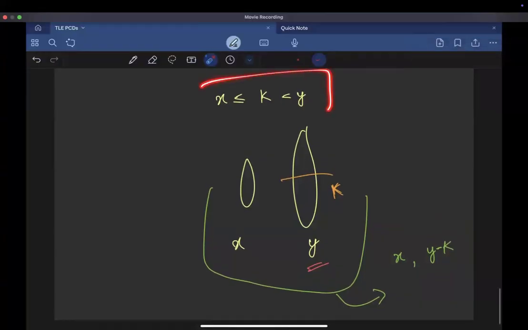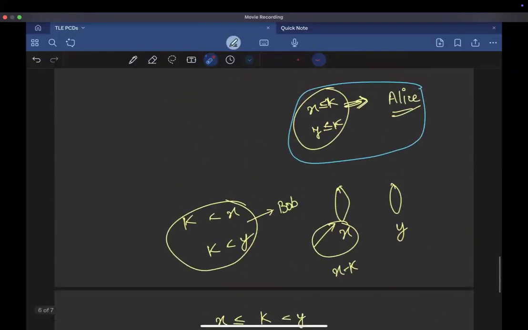Let me just recap this once in case anybody has any confusion. We saw if k is greater than both x and y, then Alice was able to win by completely removing the larger pile. If k is smaller than both x and y, in that case, no matter which move Alice takes, Bob would be able to make a move and Bob will just take down the larger pile.